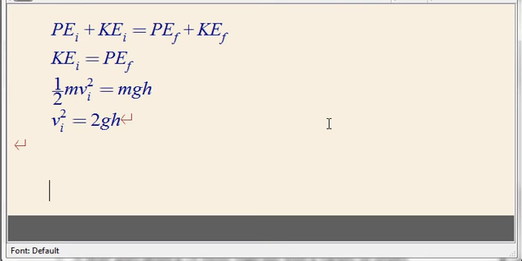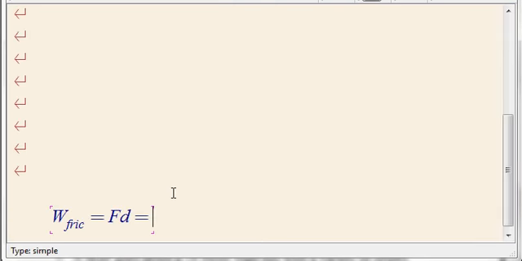So you do the same as before, force times the distance. There's no angle involved because it's going exactly opposite the direction of motion. And the force of friction is mu Fn, mu times normal force.